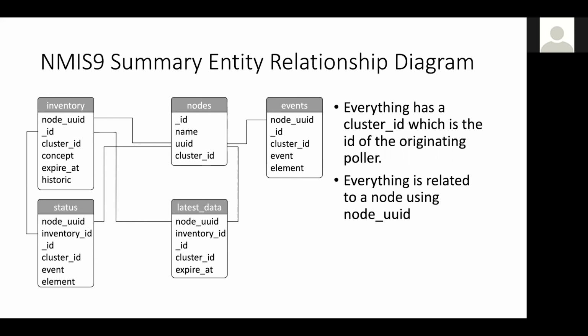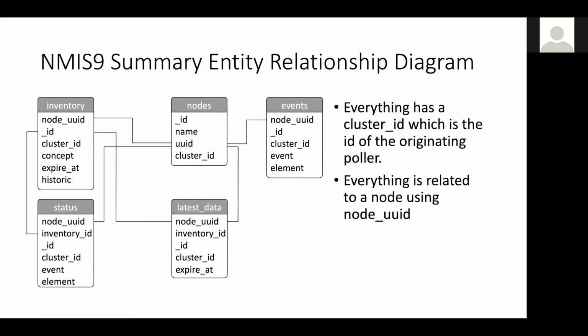So then the other next really important concept is inventory ID. Where we've got latest data, for example, and I just got it linked to the wrong line there, sorry. That inventory ID should be linked down to this inventory ID, not to the node UUID. So latest data and status data all link back to the inventory ID and the node ID.